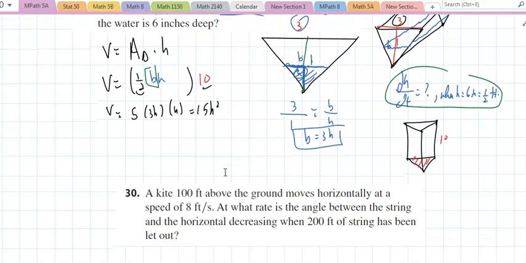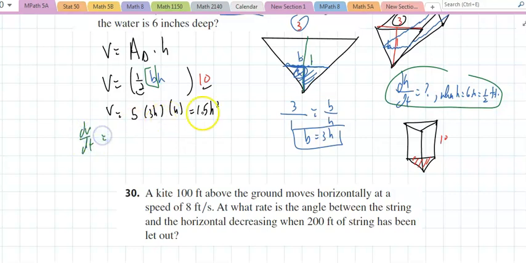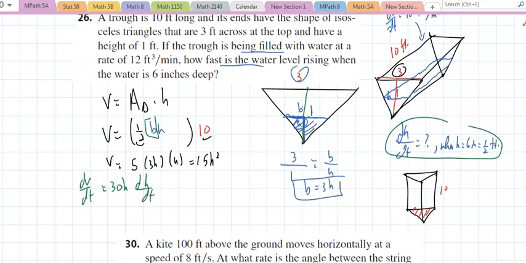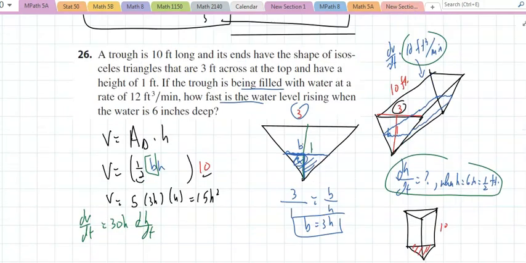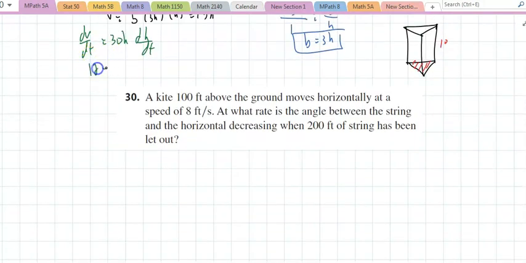We all know what to do once we get this. We all know you're going to take a derivative and you're going to say dv dt is going to equal 30h dh dt. That part is easy. dv dt was given to be 12 cubic feet per minute. So this is 12 equal 30 times H, which was a half, times dh dt.